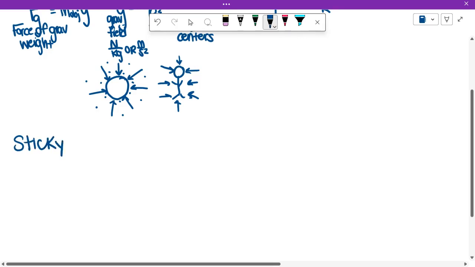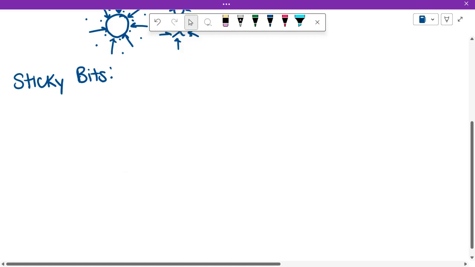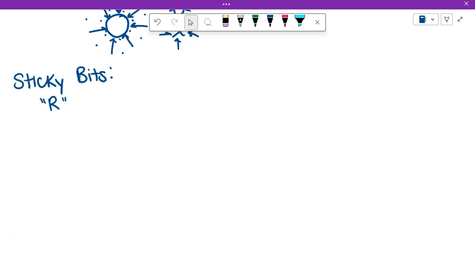And by sticky bits, I mean things students tend to mess up a lot or some challenging questions. Okay? So this is something that might come up in the concept builders, but usually they'll say a planet with radius r has a g on the surface of, let's say, 10.